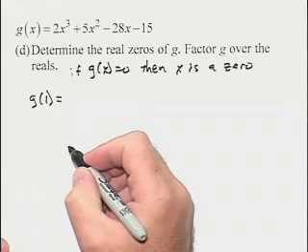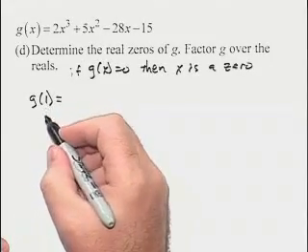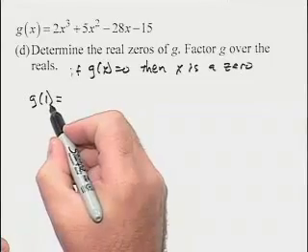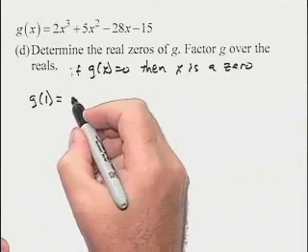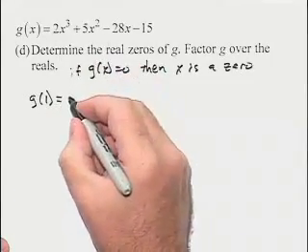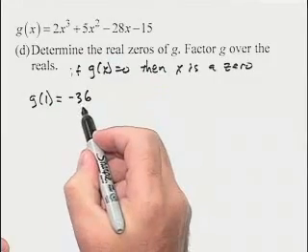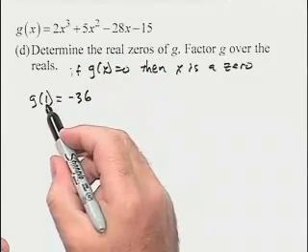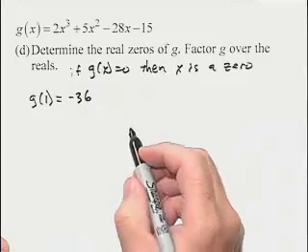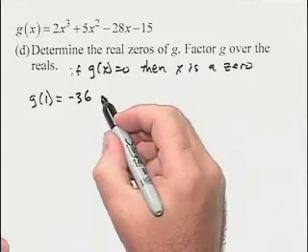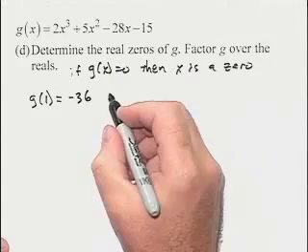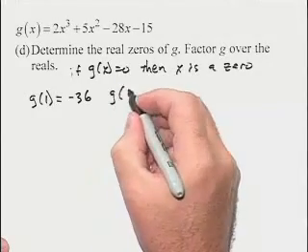So we'll do g of 1. 1 is our first positive potential rational zero. That's an integer. We evaluate the function and we'll get negative 36. Since this is not equal to 0, we know that 1 is not a zero of g. The next positive integer potential zero is 3.